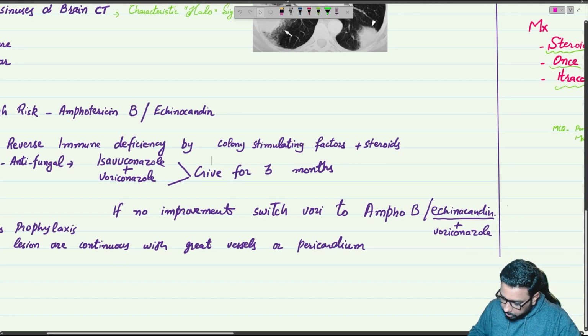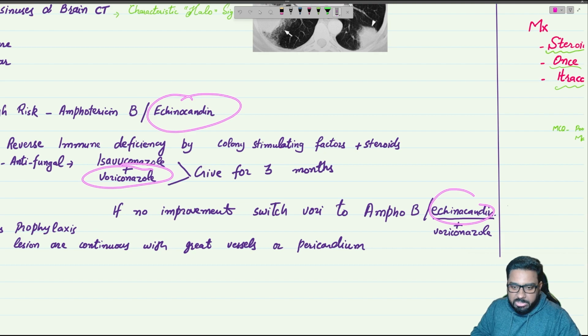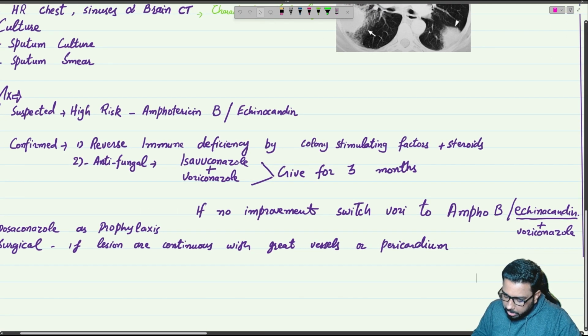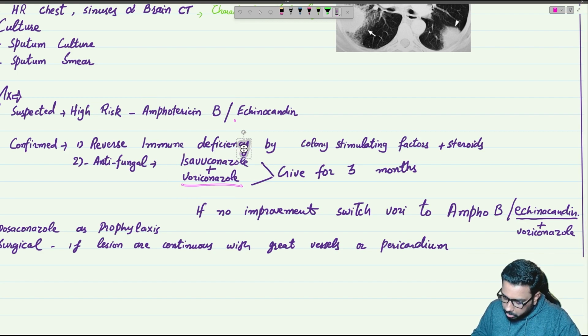Or we can change to echinocandin and voriconazole. So it is basically the alternate option. If no improvement with this combination, we can take amphotericin B and voriconazole or echinocandin and isavuconazole.